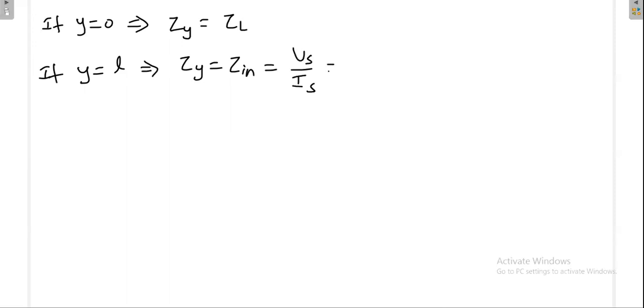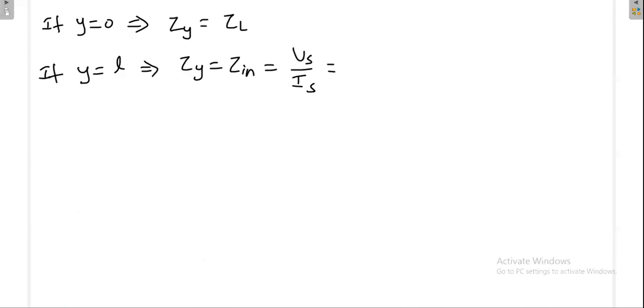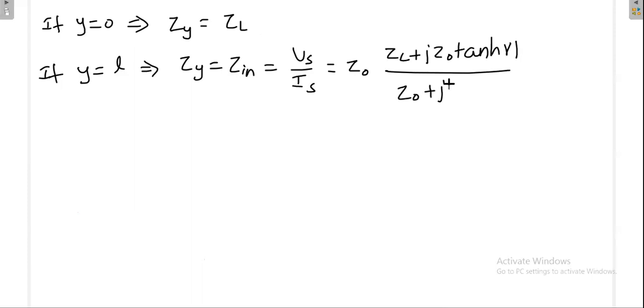That will be Z0 times (ZL plus Z0 tanh gamma L) divided by (Z0 plus ZL tanh gamma L). This is the input impedance of the line, which we have already derived. Just cross verify that both are the same.